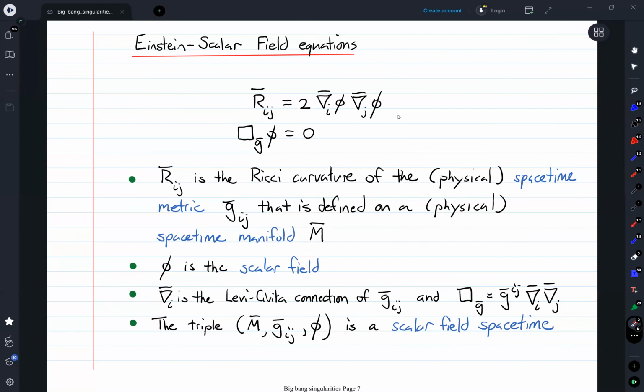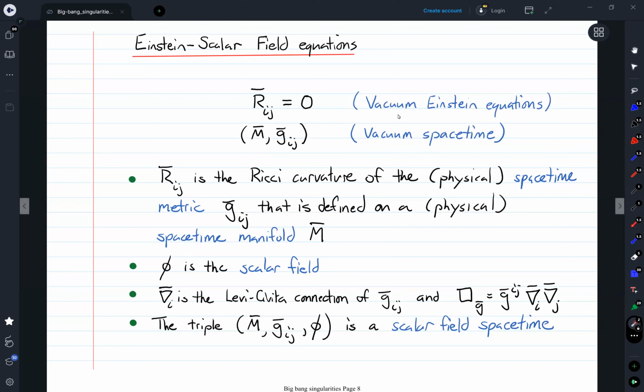Now, one thing one could try when looking at these equations is to make them simpler. You could set phi equal to 0, and then you would just have the vacuum Einstein equations. And if you solve them, you get a vacuum spacetime. Now, I won't do that because even though the equations get simpler, this situation is much harder to analyze.